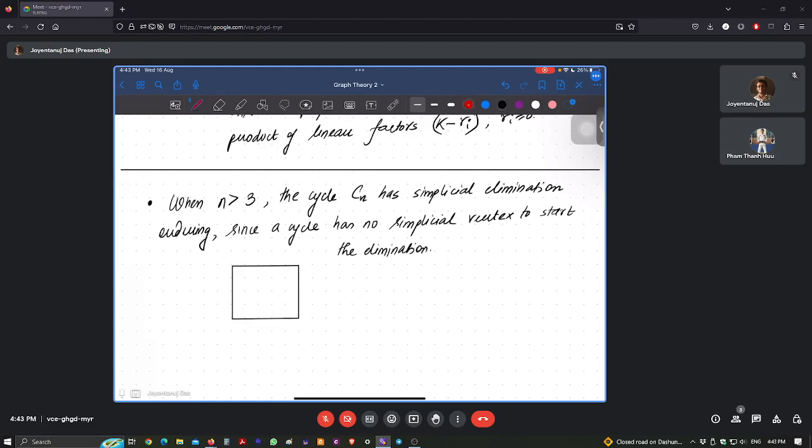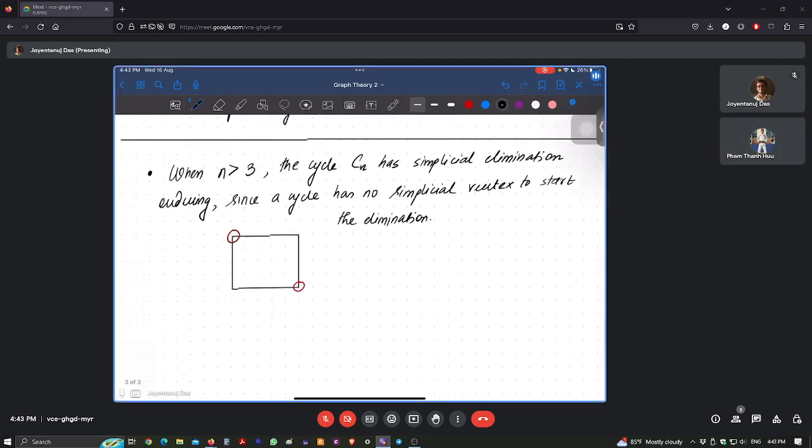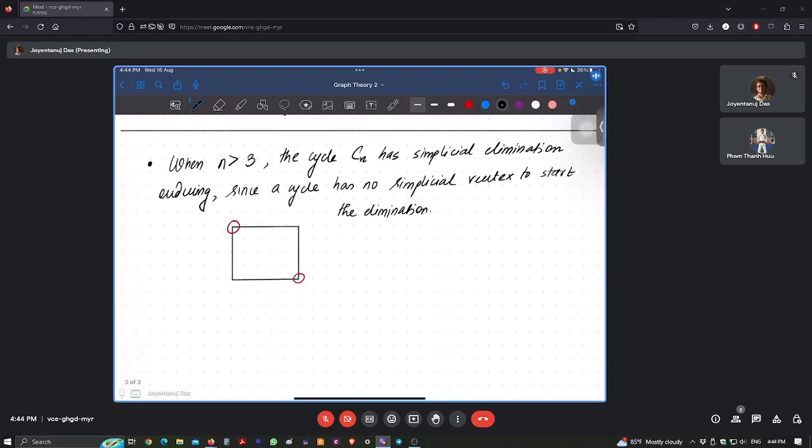These two vertices are not a clique. So this is also one condition: if I want a graph where a simplicial elimination ordering exists, it should not have any cycle as a subgraph. So that is also one condition.